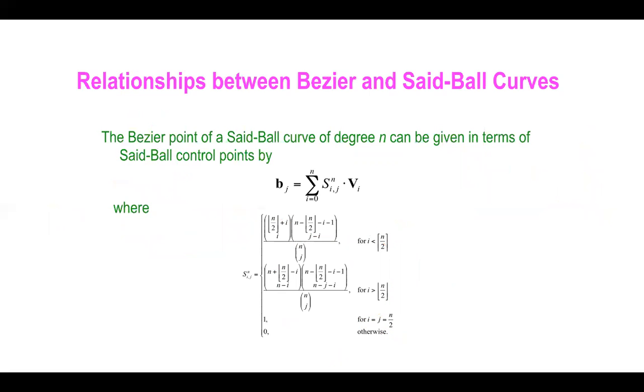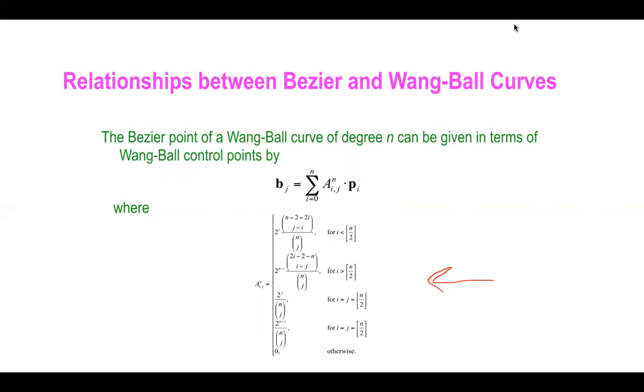We can find it from this formula. This is the formula for finding the relationship between Bezier and side ball curve, right? And if we want to find the similar thing, the relationship between Bezier and Wang ball, to convert from Wang ball control points into Bezier, you can use this formula.